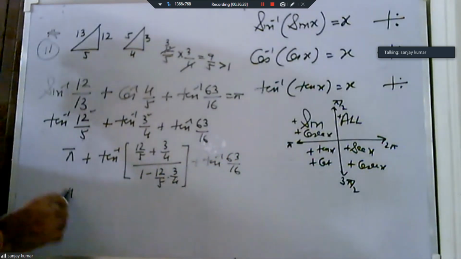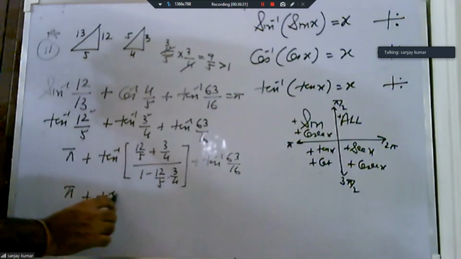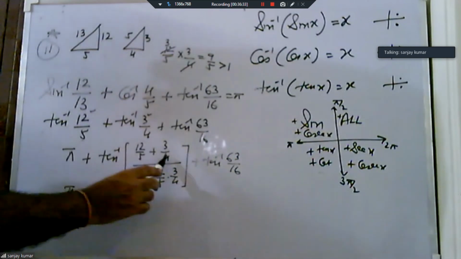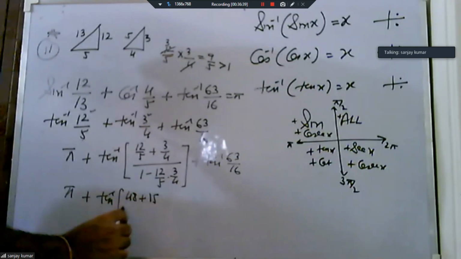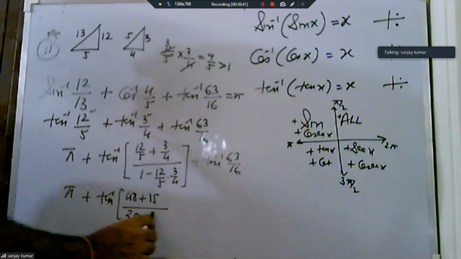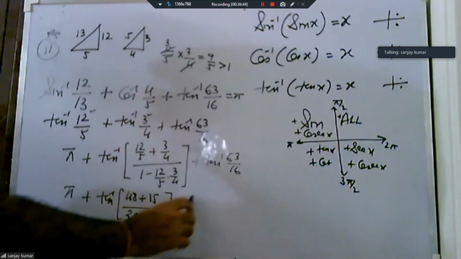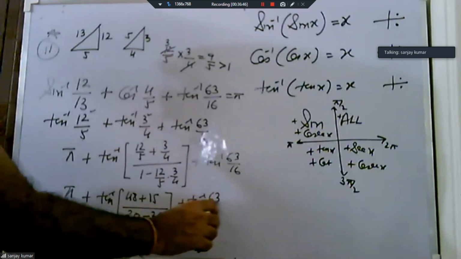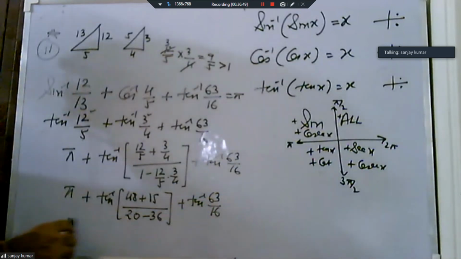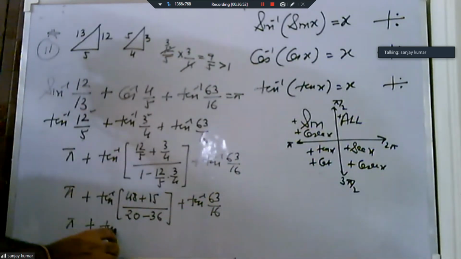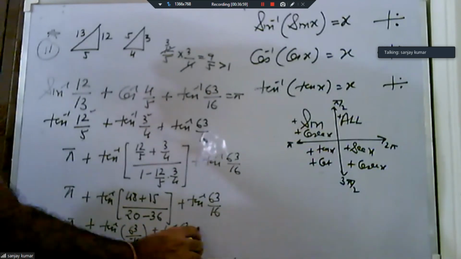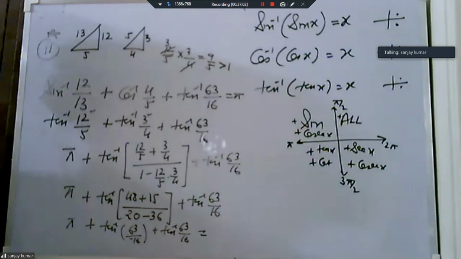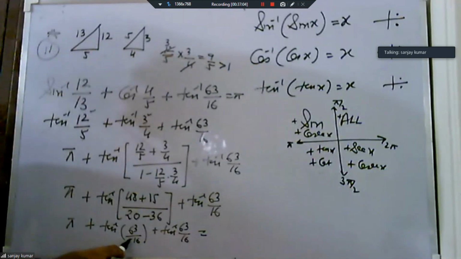Now what we have: pi plus tan inverse. Look, take LCM: 12 fours are 48 plus 5 threes are 15, upon 20 minus 36. So this is tan inverse 63 by minus 16. Now this is pi plus tan inverse 63 by minus 16. The minus sign comes outside.